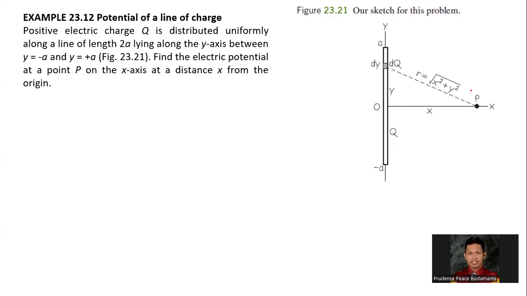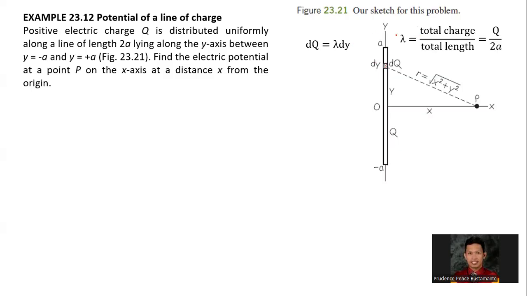Find the electric potential at point P on the x-axis at a distance x from the origin. So what do we know here? We know that the total charge dq of this length dy is equal to the linear charge density times this height dy. That's the total charge of this segment here.